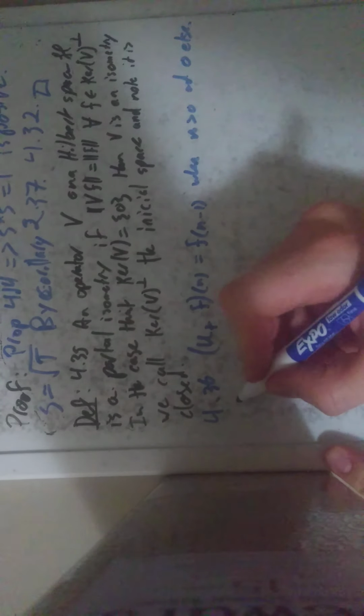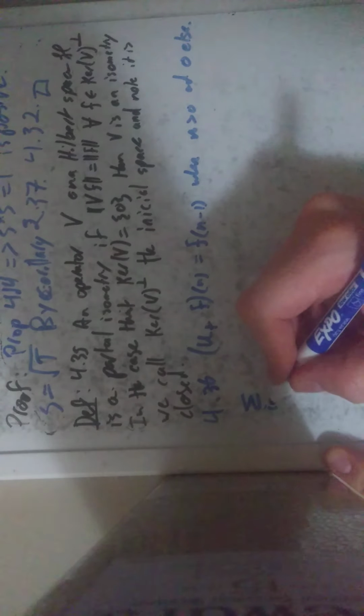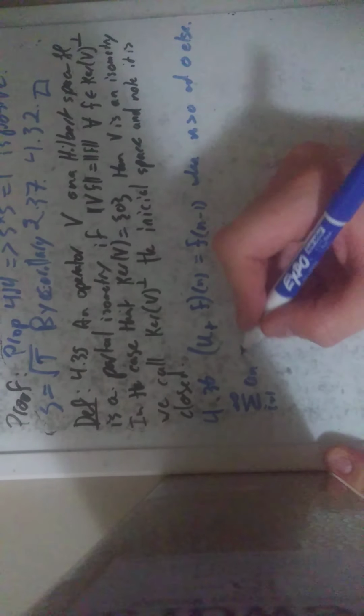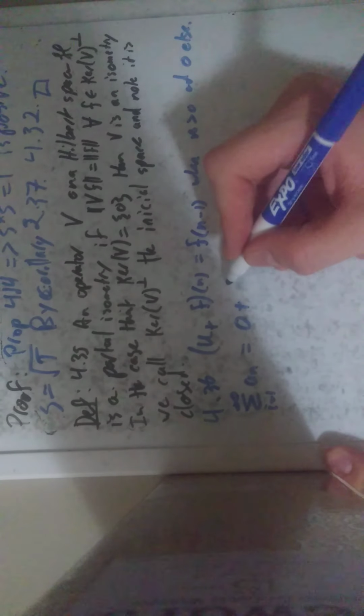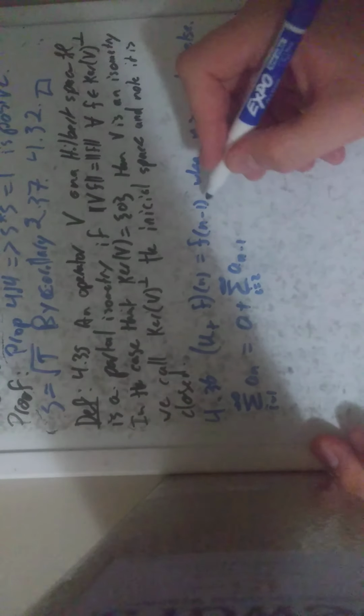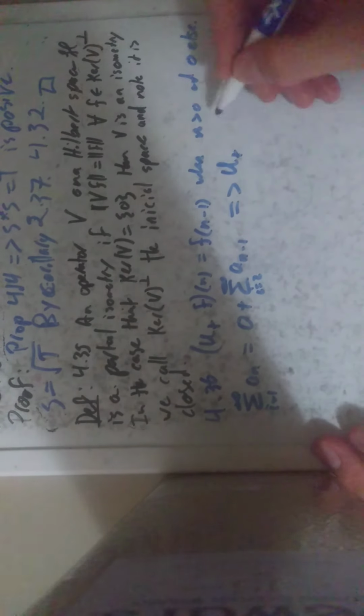Now we note that if you take a sum that converges from n equals 1 to infinity of a sub n, this is equal to 0 plus the sum from n equals 2 to infinity of a sub n minus 1, which implies that U plus is an isometry.